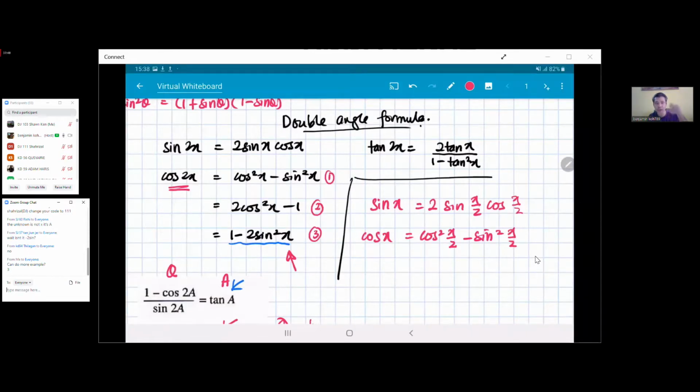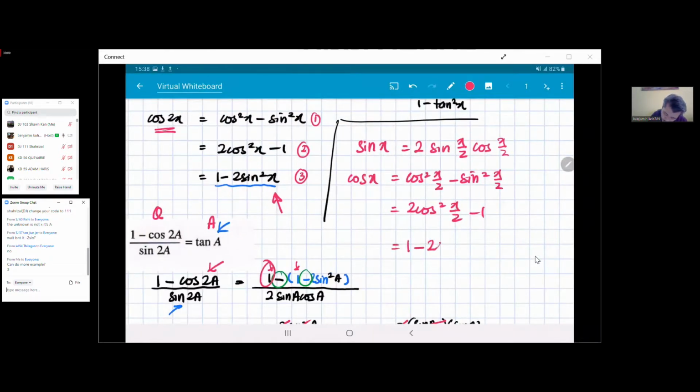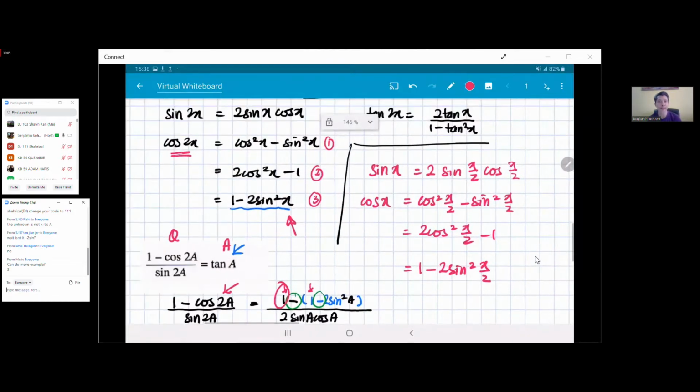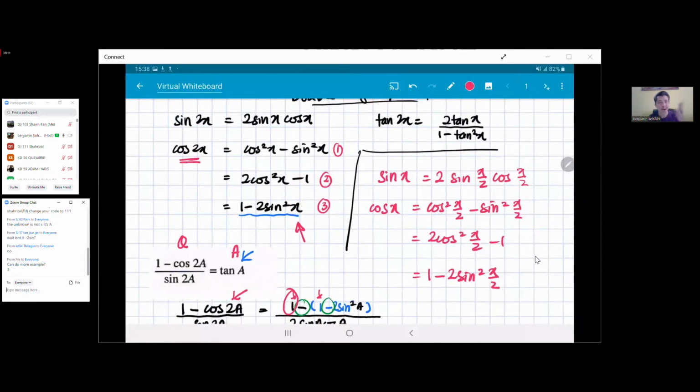But the cos has 3 versions, right? So that is the first version. The second version is 2 cos square x over 2 minus 1. And the third version here is 1 minus 2 sin square x over 2. Can you understand? Actually we just modify the double angle formula. So the angle we write is x over 2. Half. Can you understand? Half. Okay.